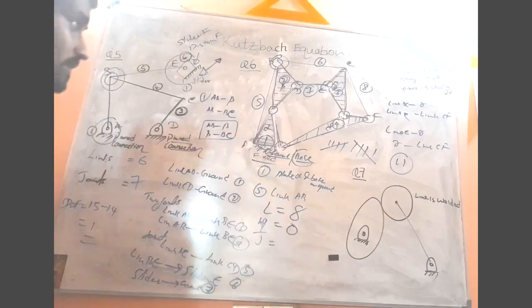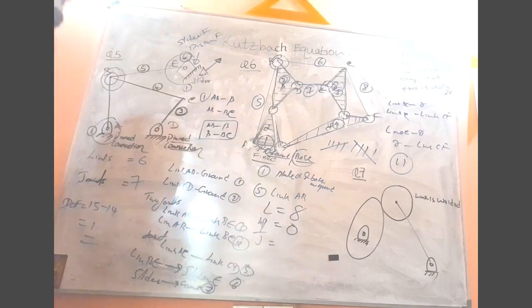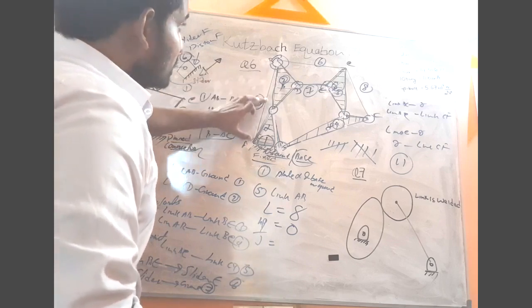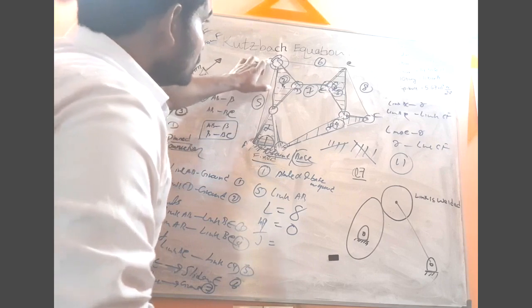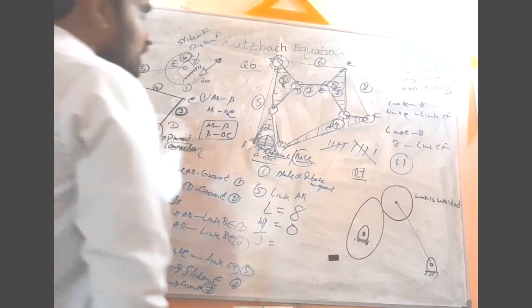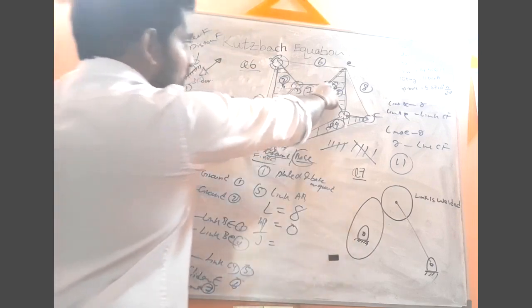Then joint number 5 is the joint that connects the plate alpha to beta. Then here we have joints 6, 7, which connect the link AB to the plate beta and the link AB to the link BC. So now we have a total of 7 joints. Then this one, joint 8 and joint 9.